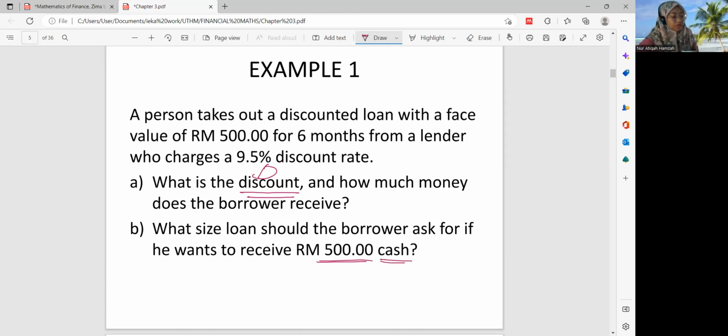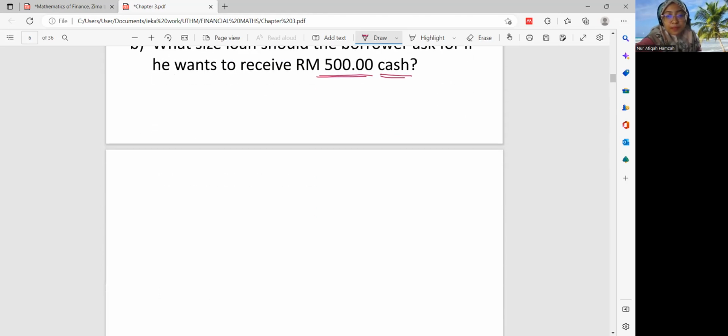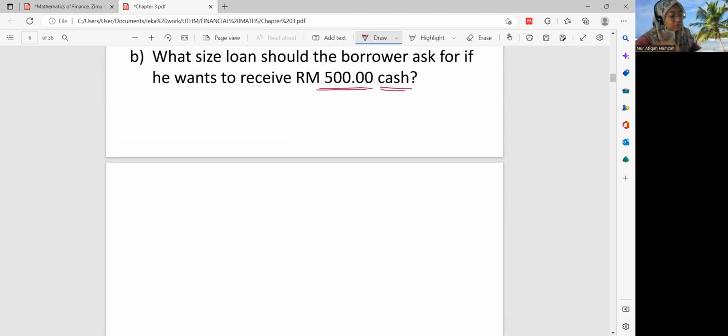For the first question A, we have S is equal to 500, d is 9.5%, and T is 6 months, so 1/2 year.